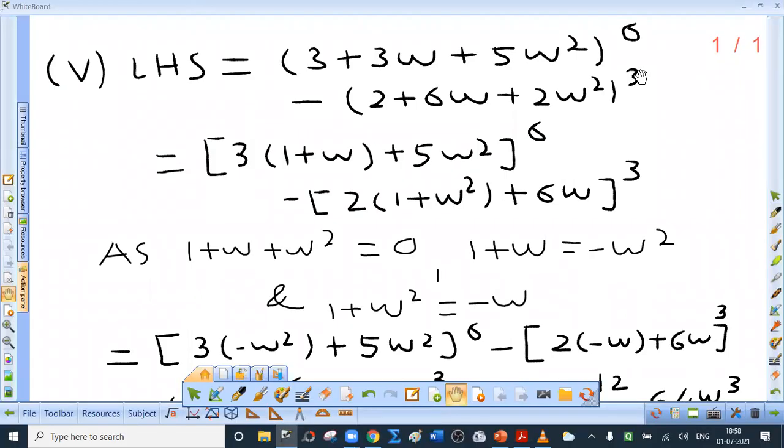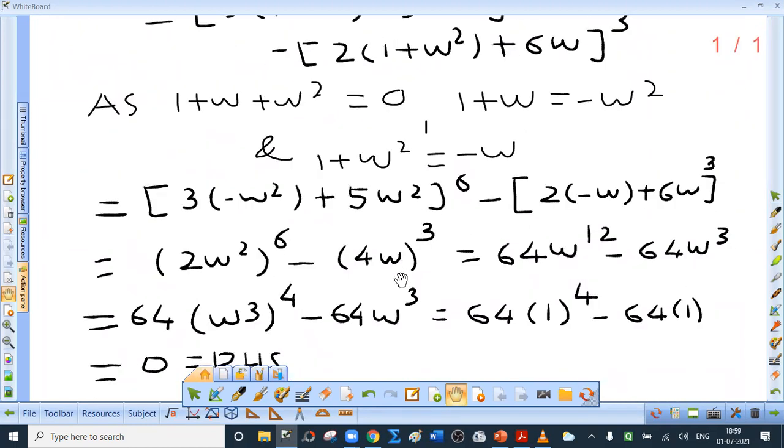Sum number 5, we begin with LHS. Now take 3 common from the first two terms and then replace 1 plus omega by what? Minus omega square. In the second bracket, take 2 common from the first and third. And in that, 1 plus omega square is to be replaced by what? Minus omega. Simple.